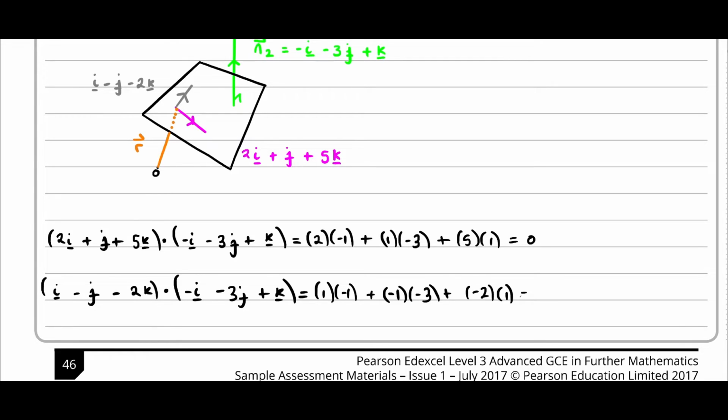The result of this is indeed 0. And therefore, because we have the dot product which is 0, we can conclude that minus i minus 3j plus k is perpendicular to pi2.